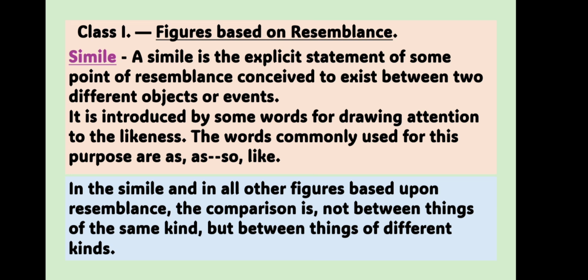Another important thing to note about it is that in simile and in all other figures based upon resemblance, the comparison is not between things of the same kind, but between things of different kinds.